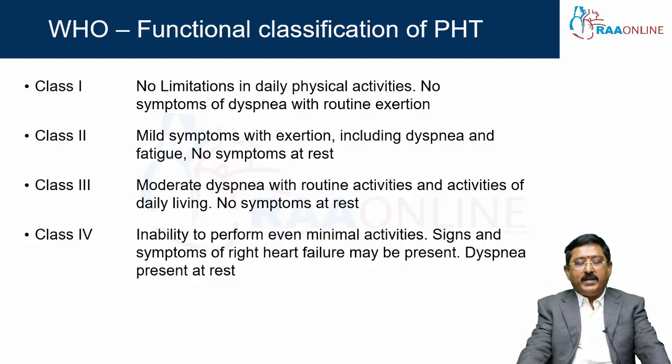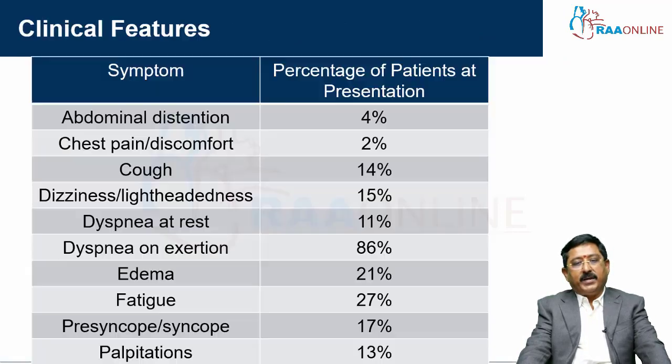Class 3: moderate dyspnea with routine activities and activities of daily life, no symptoms at rest. Class 4: inability to perform even minimal activities. At rest itself the patient will be very dyspneic and tachypneic, with signs of right heart failure, and will present with severe dyspnea at rest with pedal edema. So, this is the WHO functional classification of pulmonary hypertension.